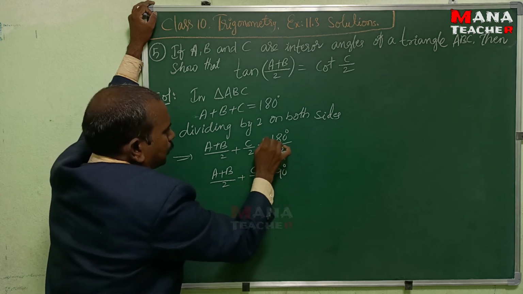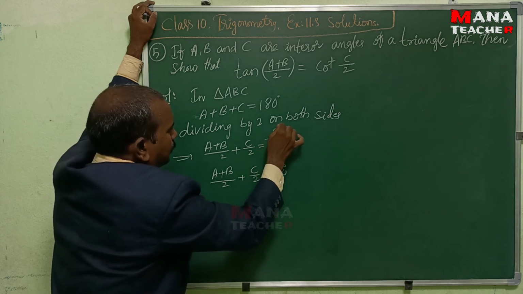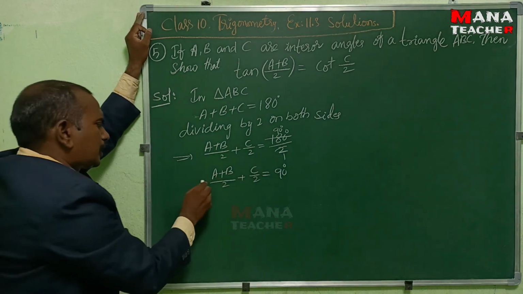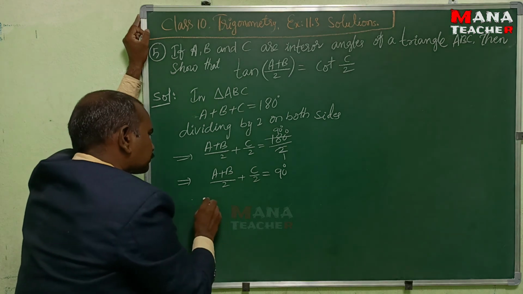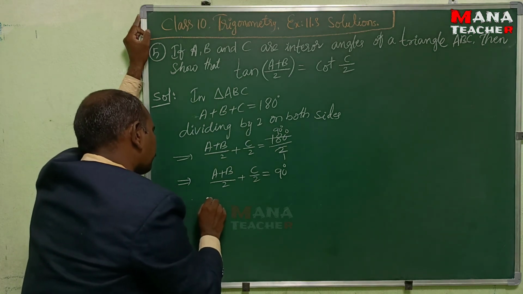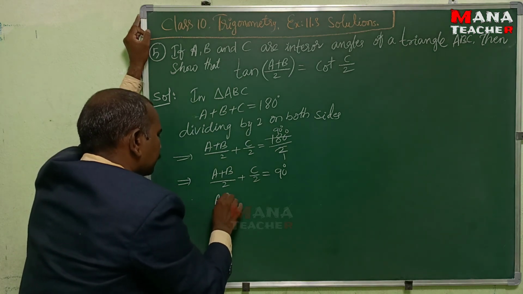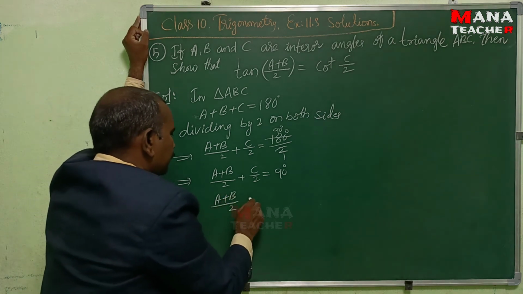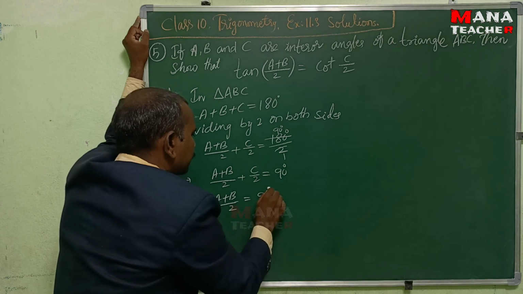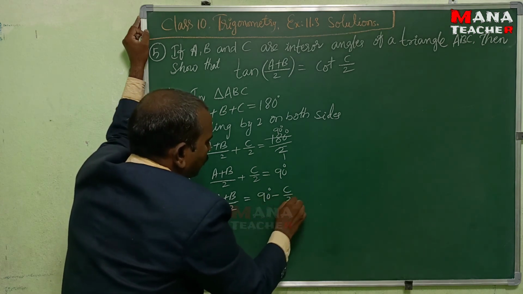Two twos are 2, 90 the same. Taking tan on both sides. Here A plus B by 2 equals 90 degrees minus C by 2.